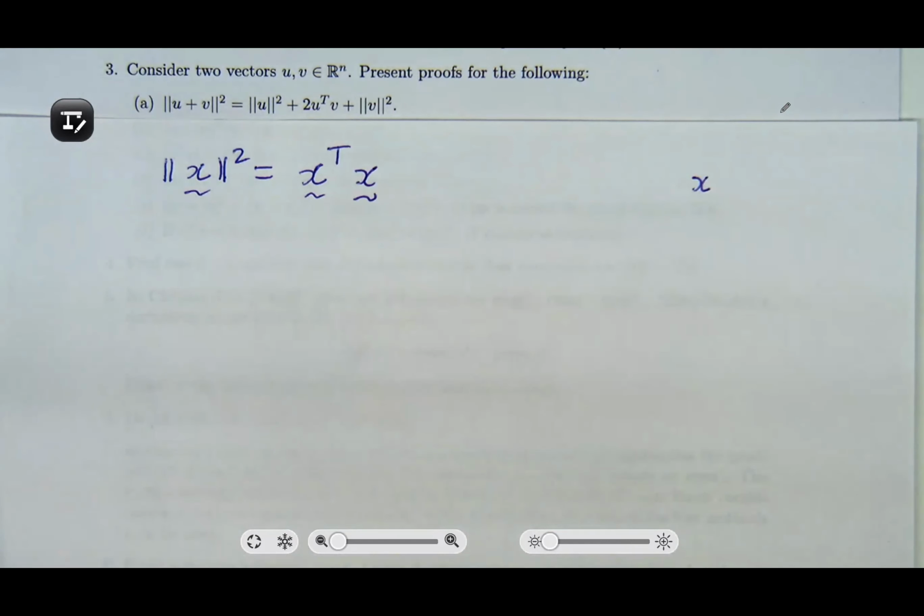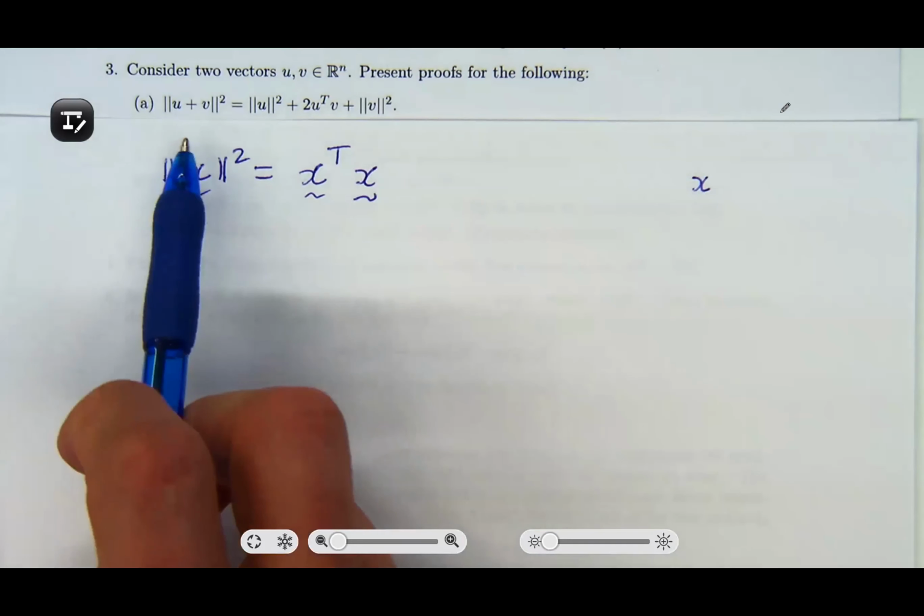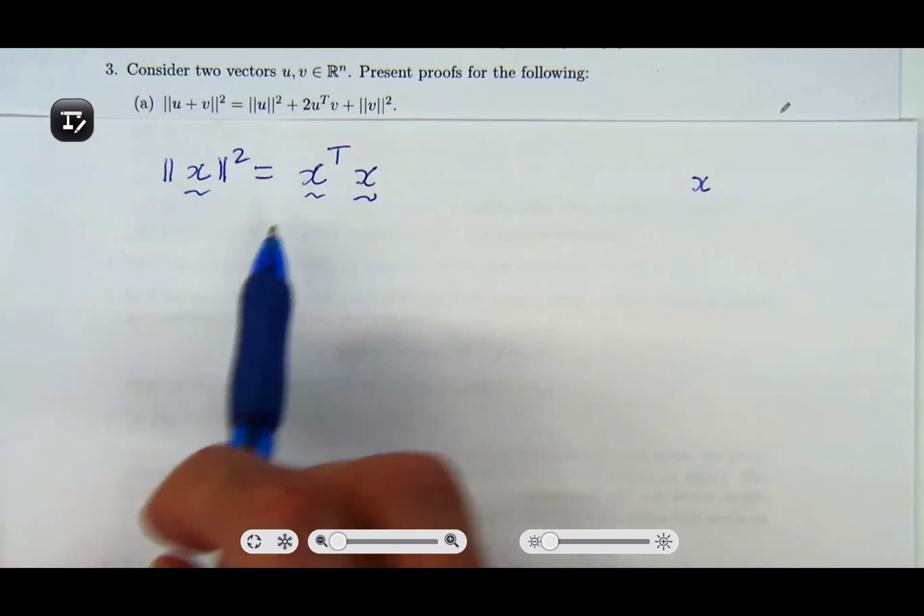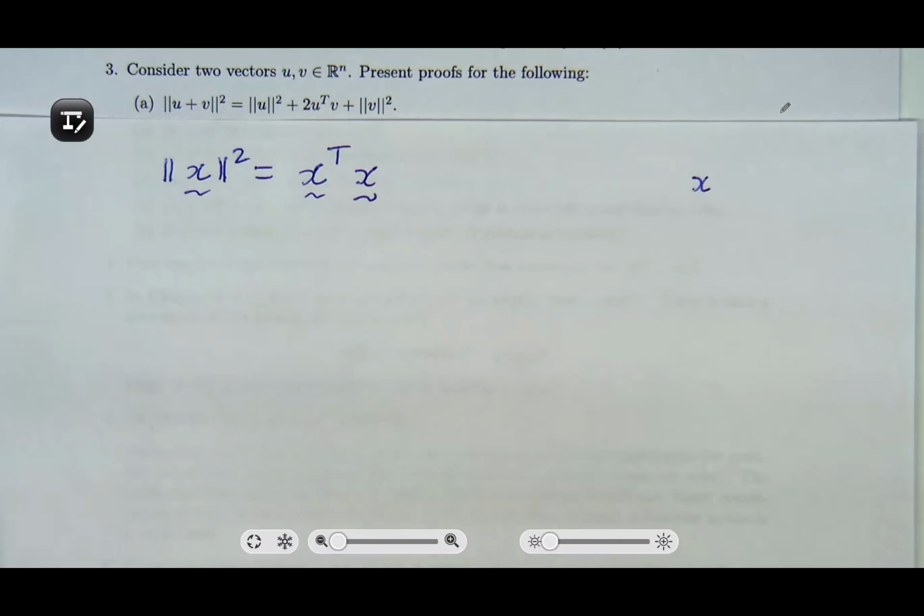So when you see that, think about the context. It probably means a vector. It might mean a scalar though. So again, think about the context of your problem. All right, so here's your hint. If you did that with this problem and then expanded, you'd basically be done very quickly. So I don't want to say much more about that.